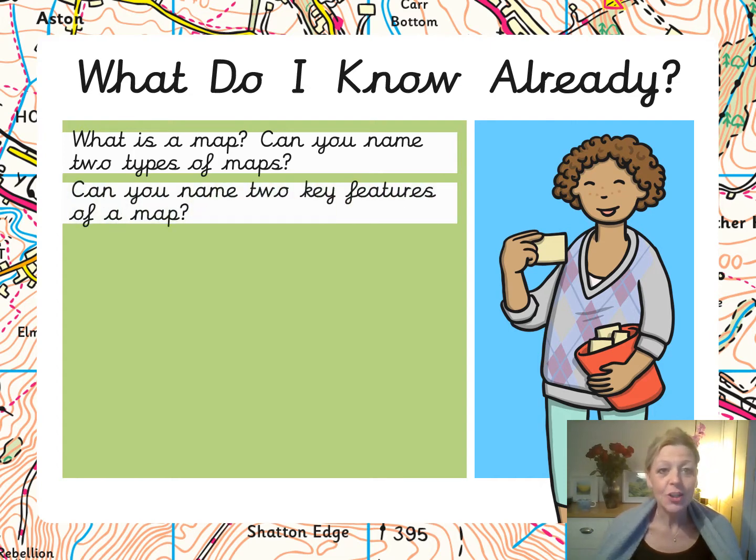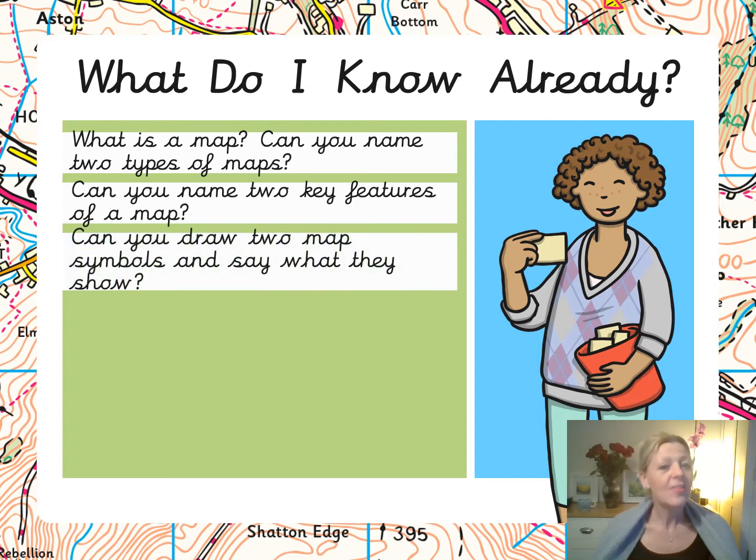Can you name 2 key features of a map? That's 2 things that you will definitely find on a map. What would you find on a map? Have a think. Can you draw 2 map symbols and say what they show? If you remember what a map symbol is from your Year 1 learning.